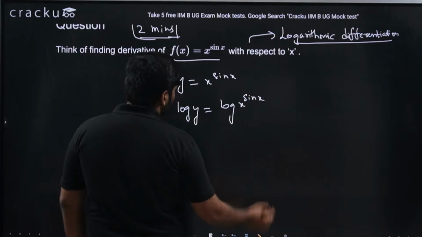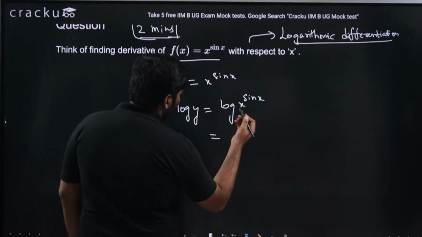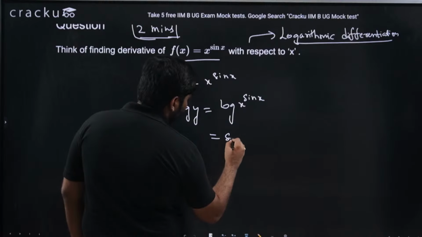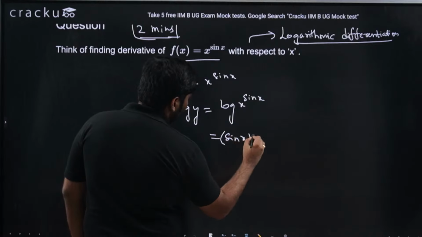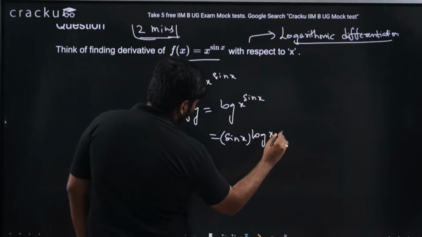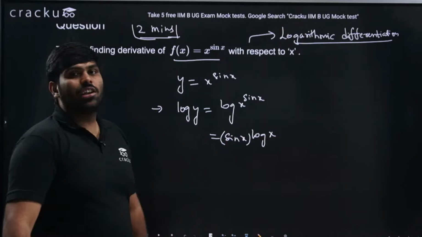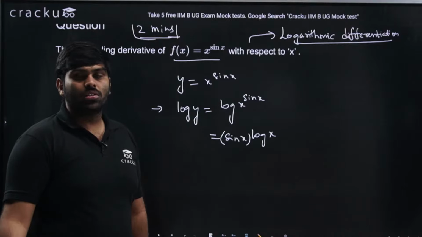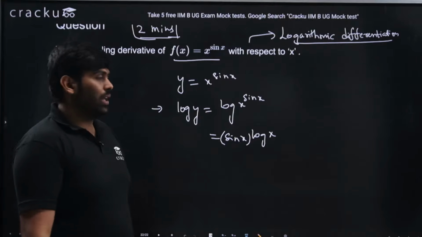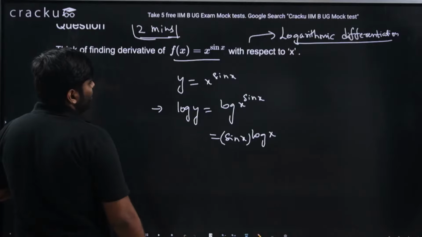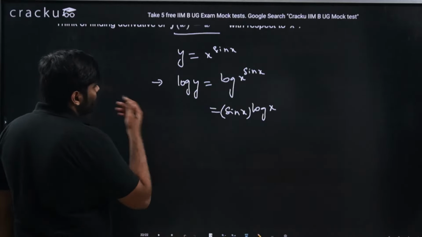But we know log of x power anything is nothing but I can bring that down this way, sin x into log x, because this is a logarithmic property. If I say log of 10 square, you say it is 2, because 2 into log 10 to the base 10, that is 1. So log x power sin x is sin x into log x.